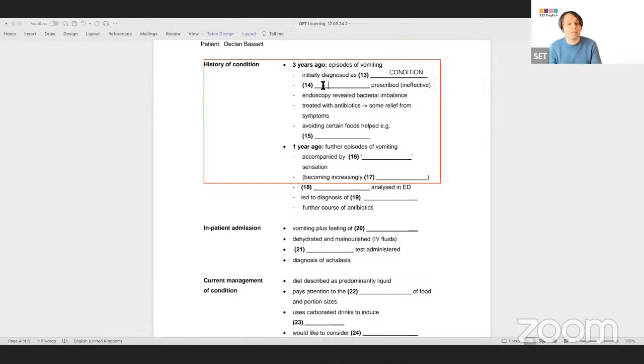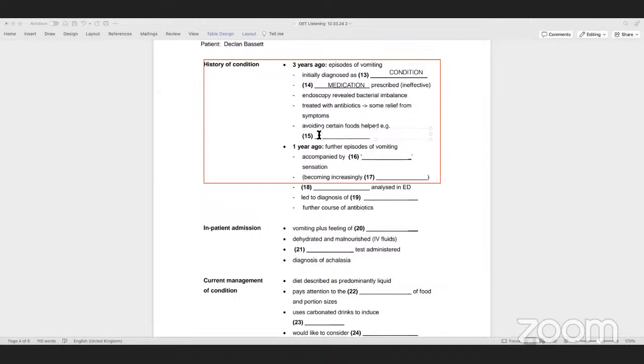So, Farid, give me one more. 14, blank prescribed. Medication. Okay. Now, Ronica, could you say hello? Hello, sir. Number 15, avoiding certain foods helped. Food. Diet. What is it, guys? Think about the condition here. History of the condition, type, symptoms?